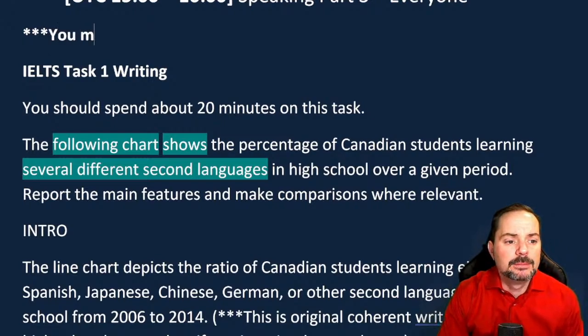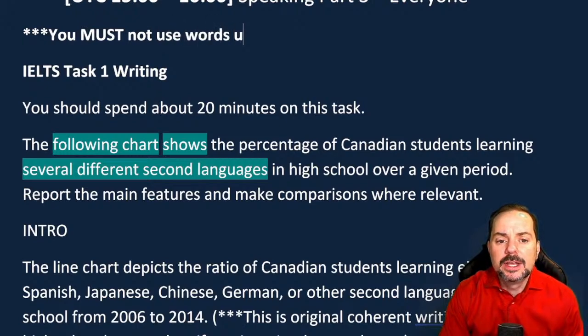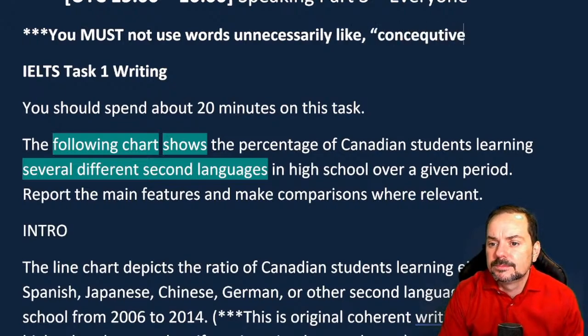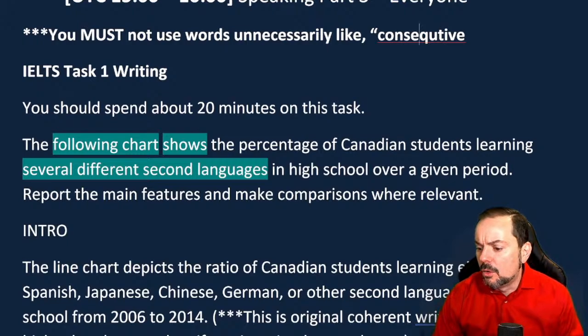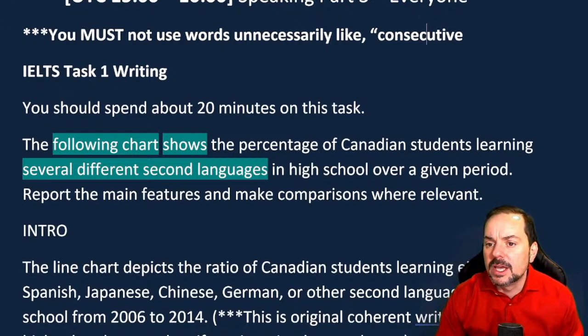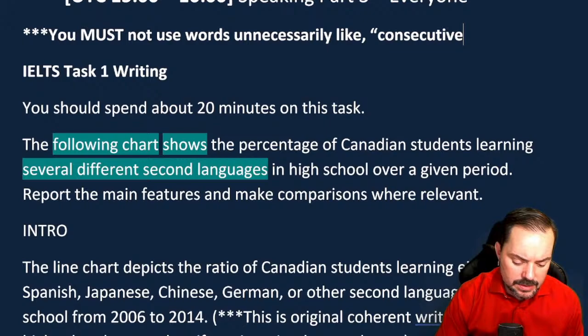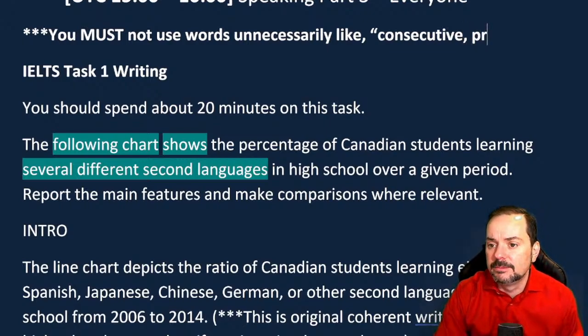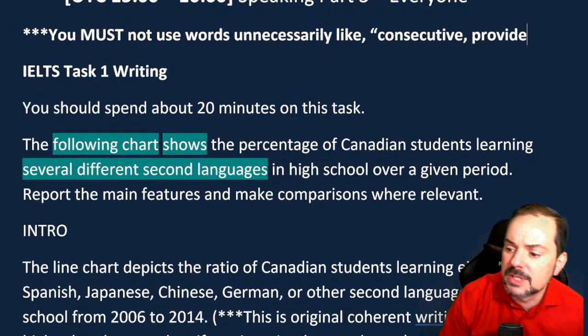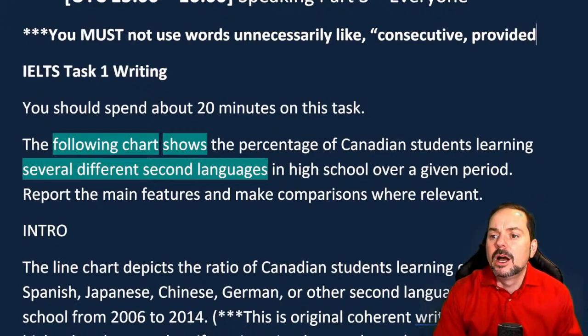You must not use words unnecessarily, like consecutive, or using words like given or provided, as I think, who was that? Was that Saeed? Yeah, provided. This is actually a mistake in writing.